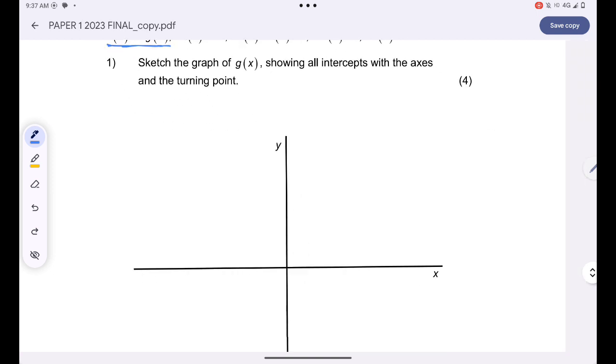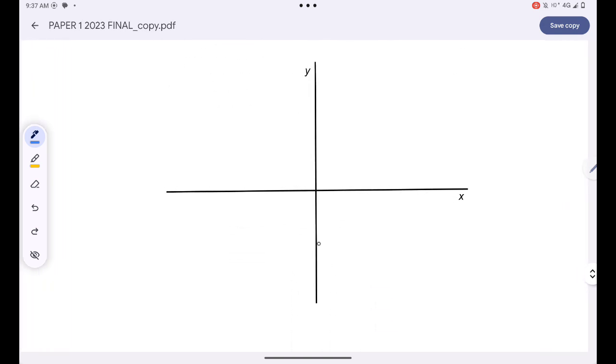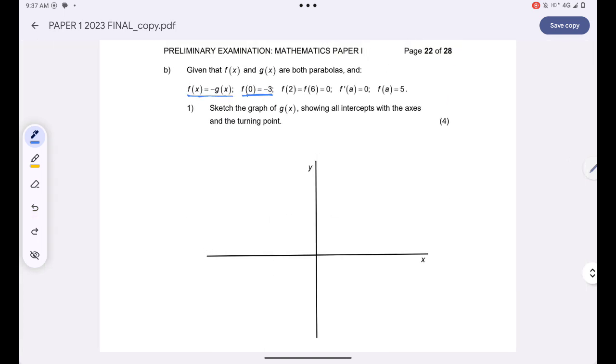Okay, let's see the properties that you are given there. We are given the y-intercept. This value over there is the y-intercept. Why? Because when x is 0, x is only 0 on the y-axis. So I know now that my y-intercept is basically below the x-axis. That's negative 3. And then I'm also given the values of x that will give me 0 whenever I substitute them.